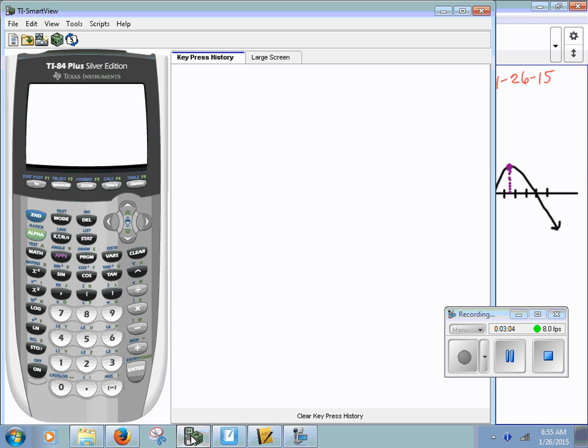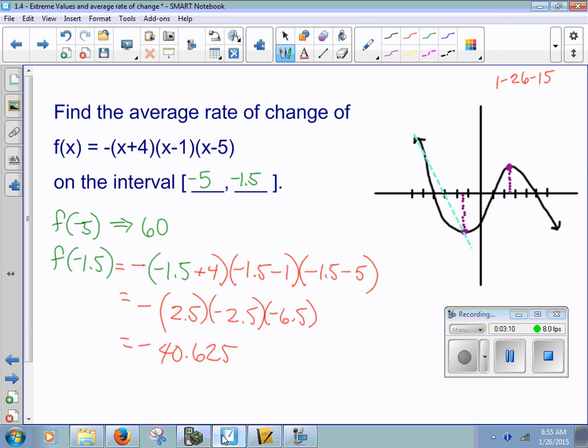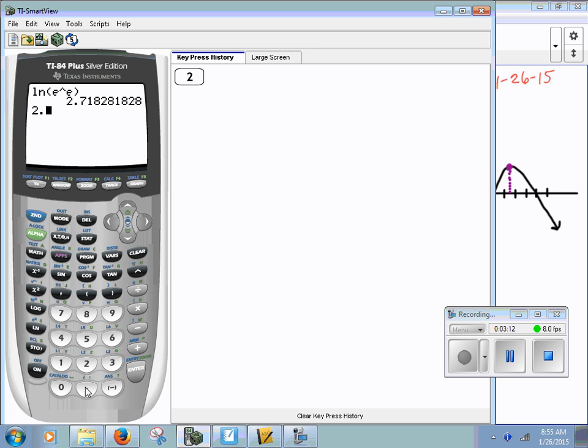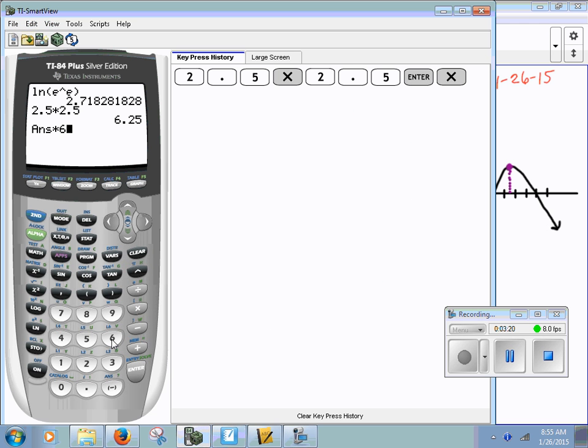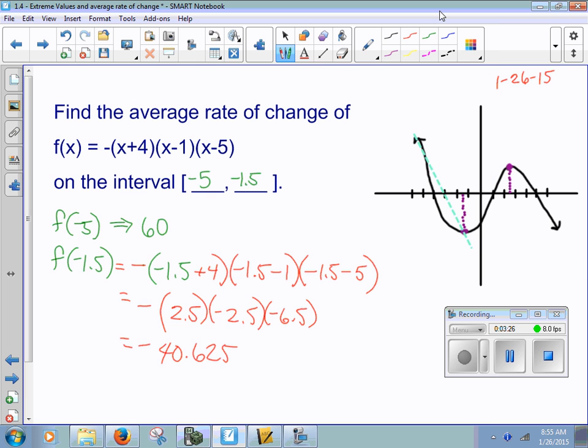Because I don't use it, that's why. 2.5 times 2.5 is 6.25. See? 6.25 times 6.5 is 40.625 with the negative sign. Okay? So we were right, negative 40.625.